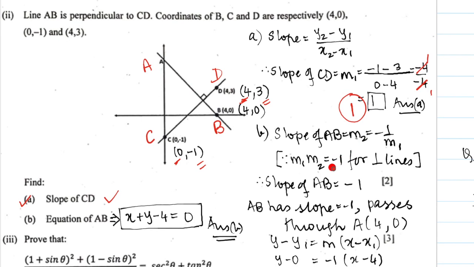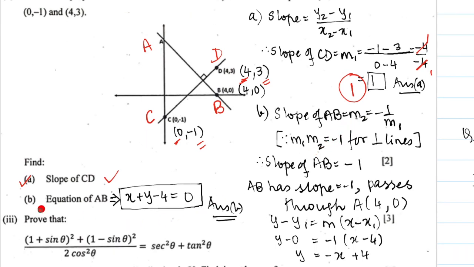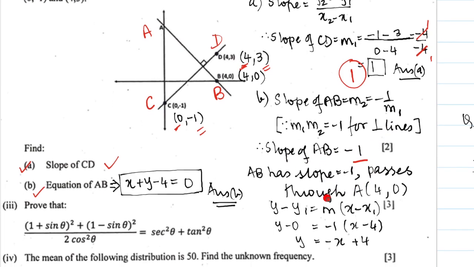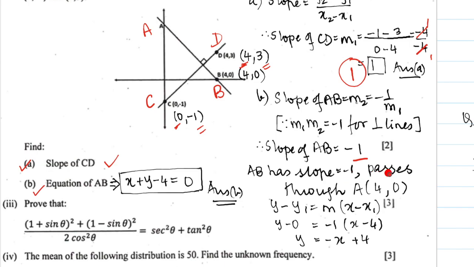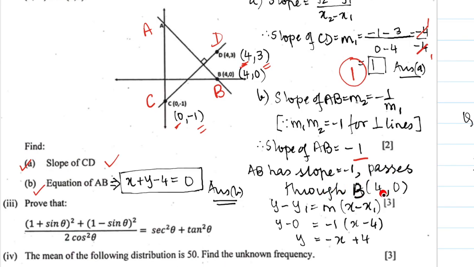Now slope of AB, because we have to find the equation of AB. Slope of AB is going to be m2, which will be minus 1 upon m1. So slope of AB will be minus 1. Now AB has a slope minus 1 and it is passing through B 4, 0. And so y minus y1 equal to m into x minus x1.